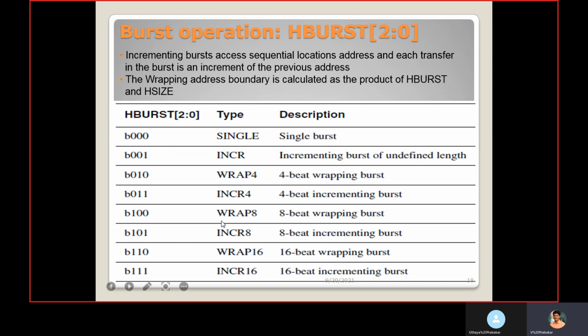If it is 4, that represents wrap 8. If it is 5, that is increment 8. If it is 6, that is wrap 16. If it is 7, that is increment 16. So based on the fetch burst value, this type of operation will happen.